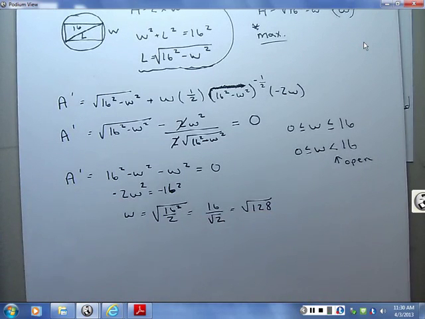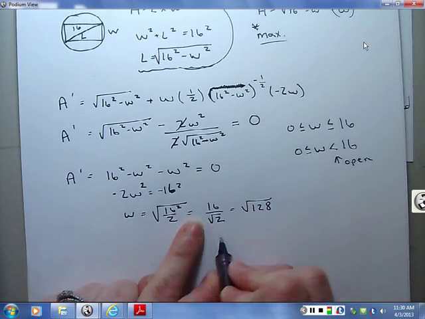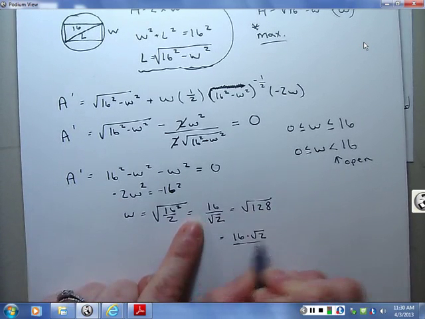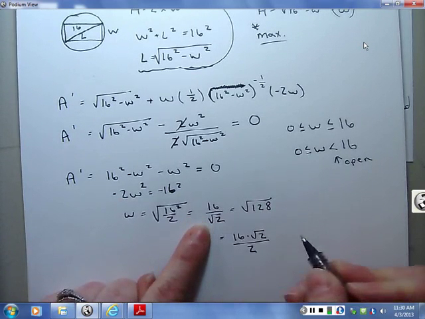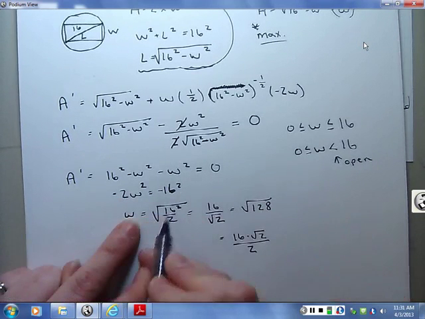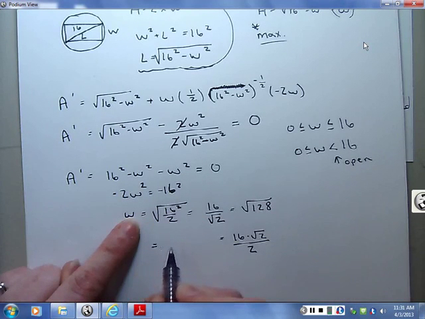Question? Does that equal square root of 128 at the end? It does. So I did this one in the last class period, and it turns out here I can write this as 16 times square root of 2 over 2, right? It turns out 16 squared is 256.